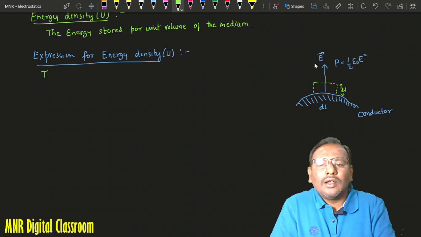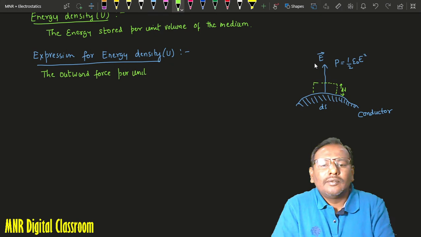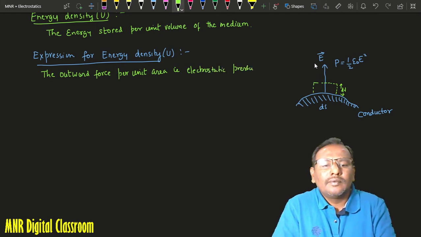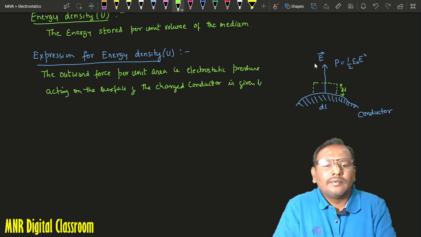Now, the outward force per unit area, that is electrostatic pressure, acting on the surface of the charged conductor is given by P is equal to force by area.